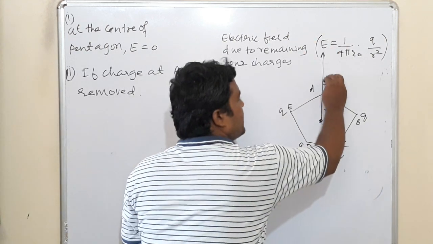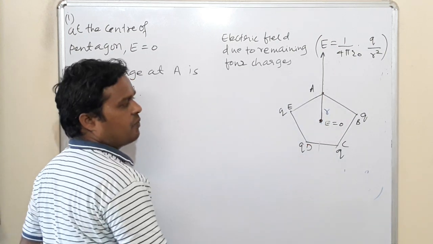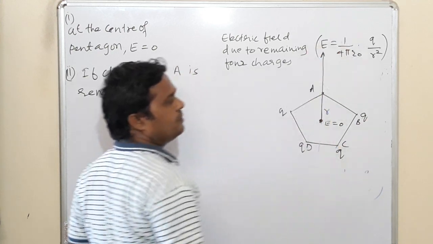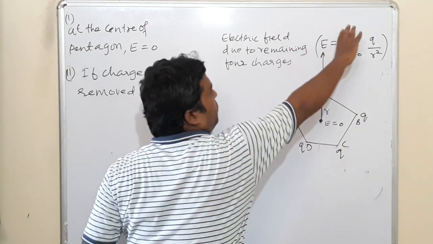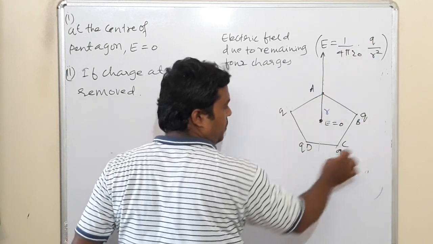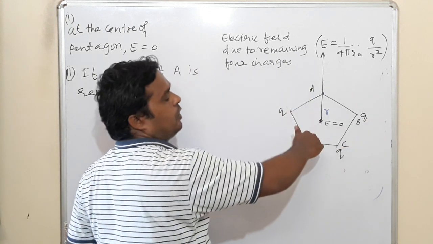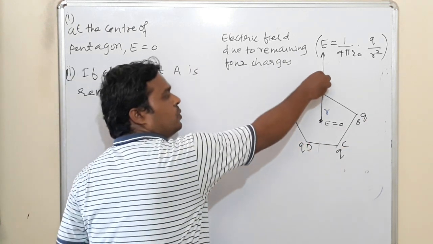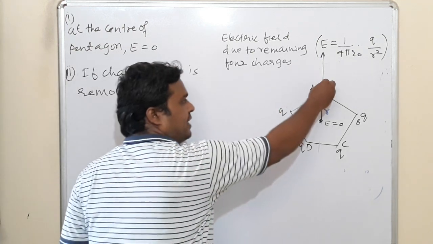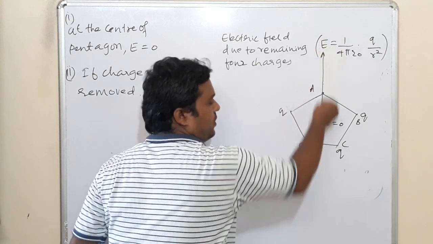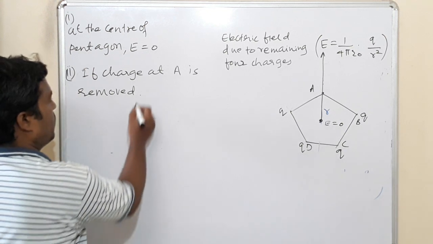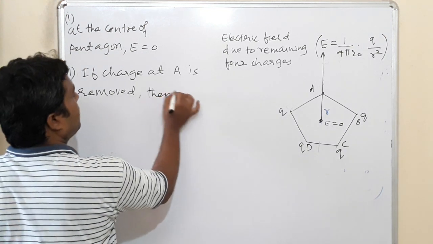The electric field due to the 4 other charges, excluding this, must be equal to the electric field due to this charge if it is assumed to be present here. It will make an electric field equal to this, which cancels.